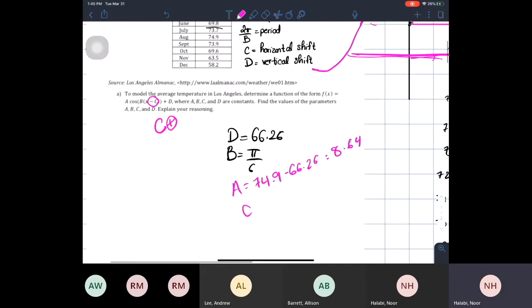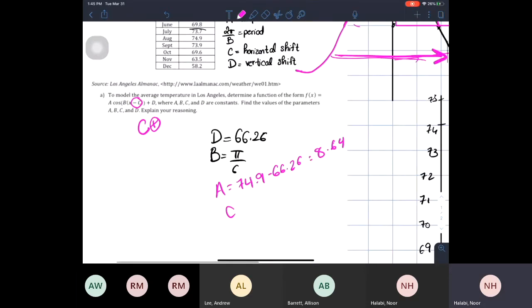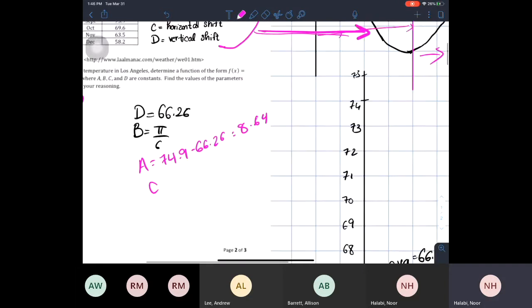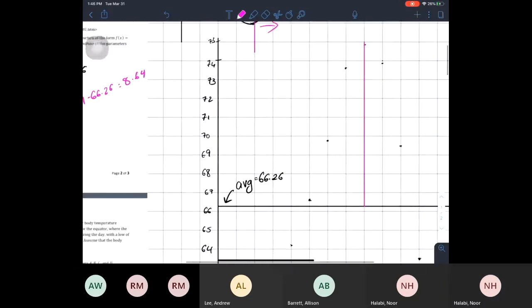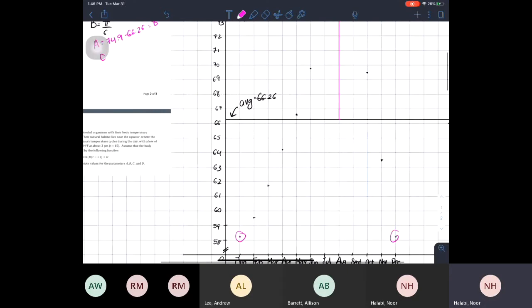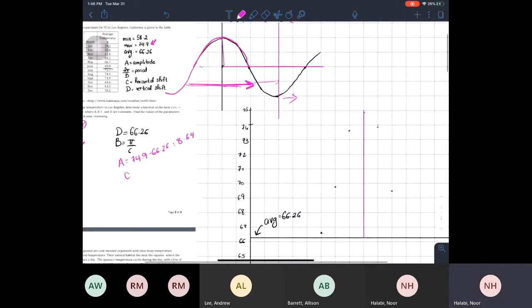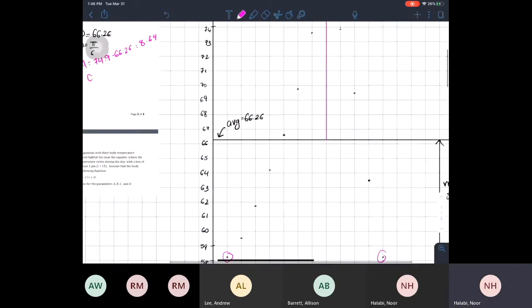Wait, is that right? Yeah, it has to be a positive number because in x minus C, the minus means it is shifted right. And I also need to know how many units it shifted.